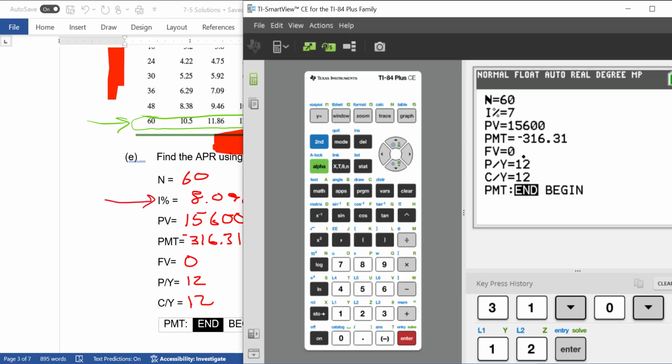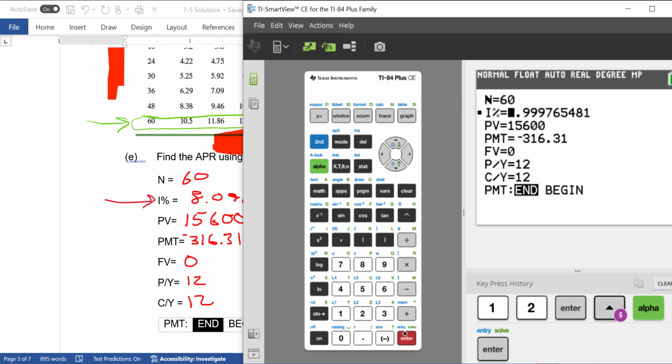And there we go. And so then to find the APR, and by the way, this is doing it more precisely, we go ahead and go back up here to this location, and then we're going to hit solve. So if you look, solve is above the enter. So we hit green alpha and solve.